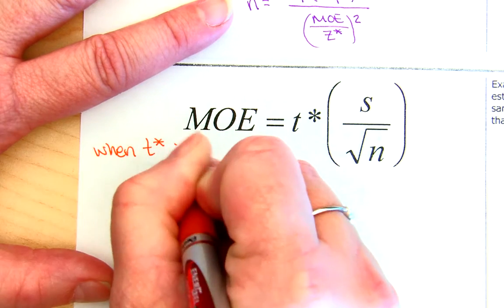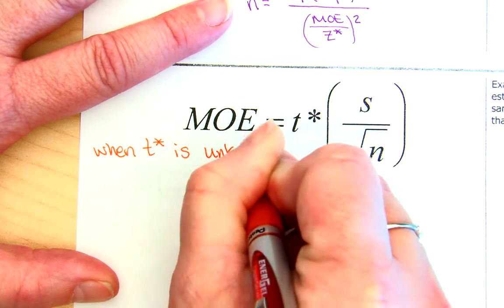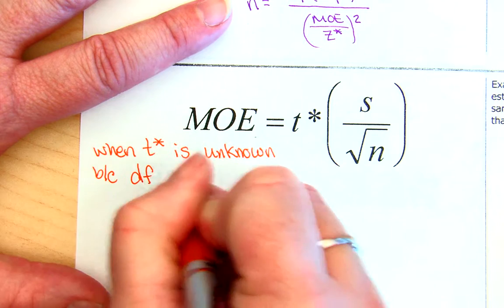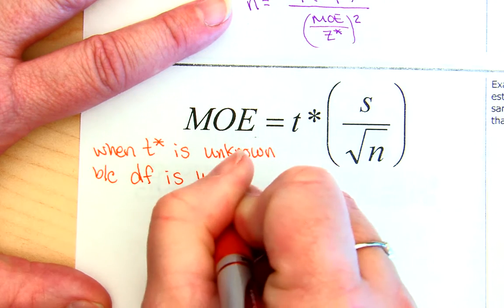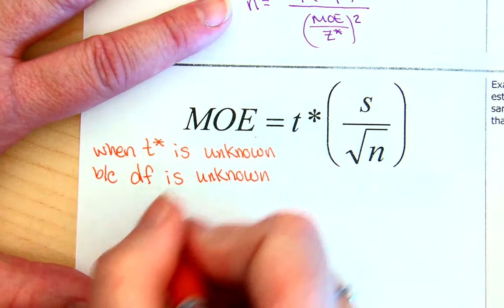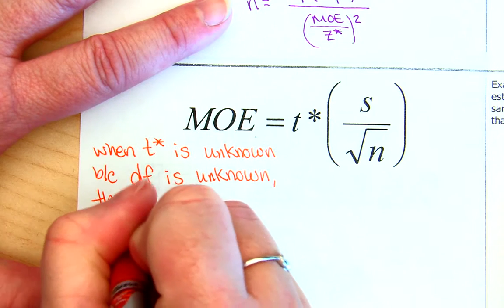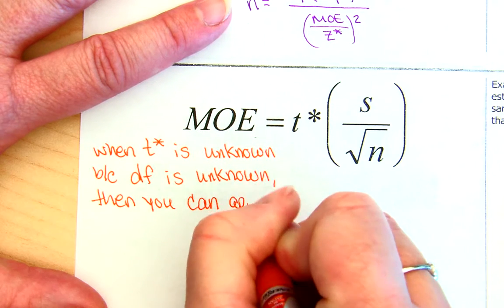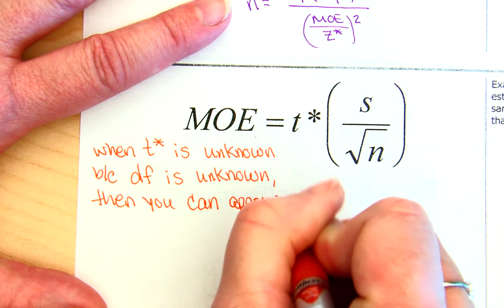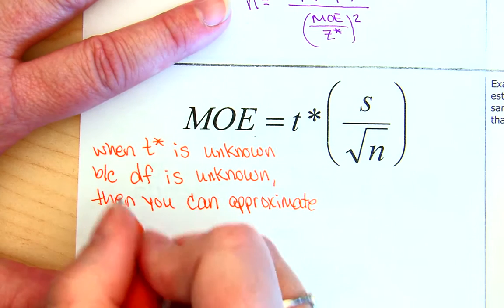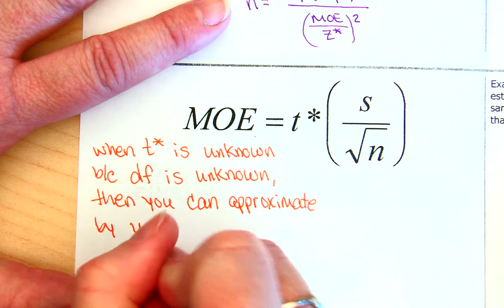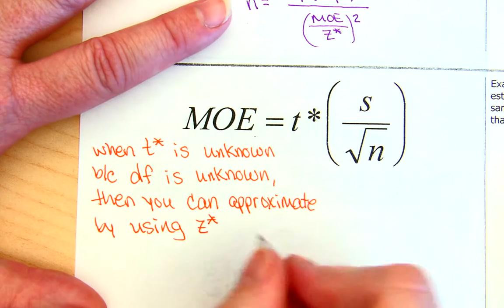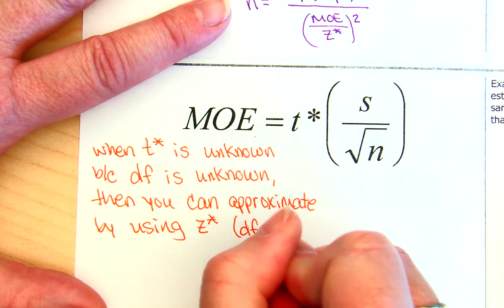So what we do is when the t critical value is unknown, because the degrees of freedom is unknown, then you can approximate by using the z critical value with degrees of freedom infinity.